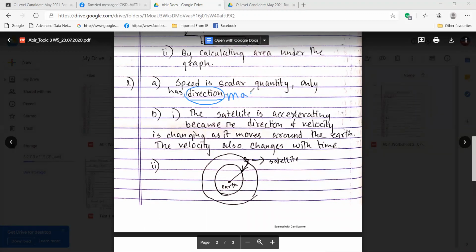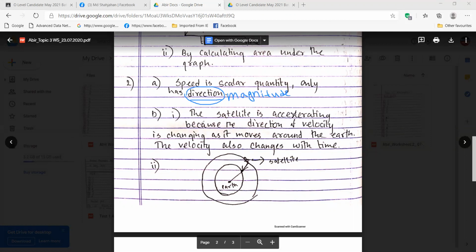Magnitude means one numerical value, right? Yes. So speed has only magnitude, no direction. And velocity has both magnitude and direction. In your writing also mention that one. Velocity has both magnitude and direction. Also in your writing you mentioned that.